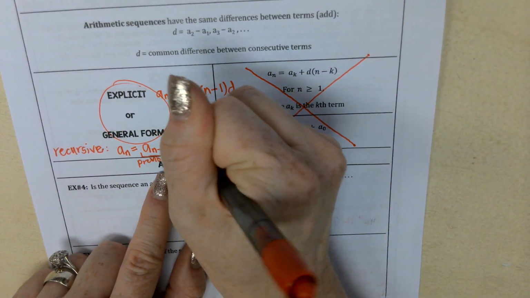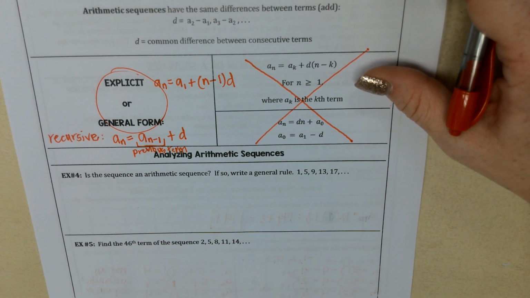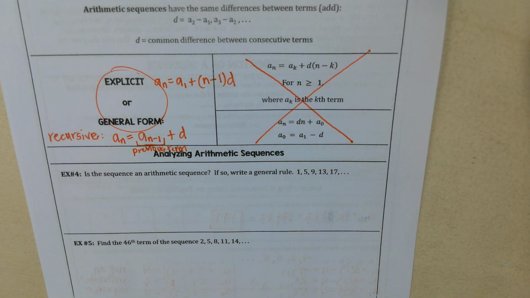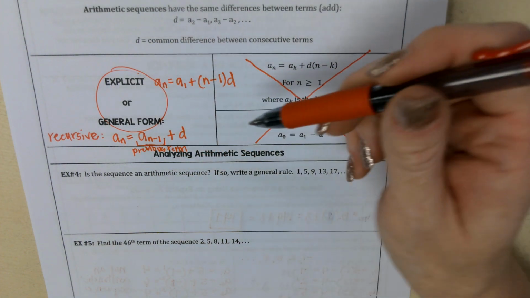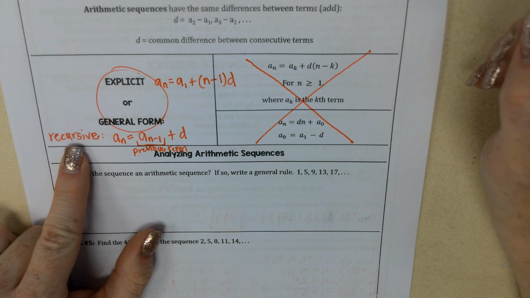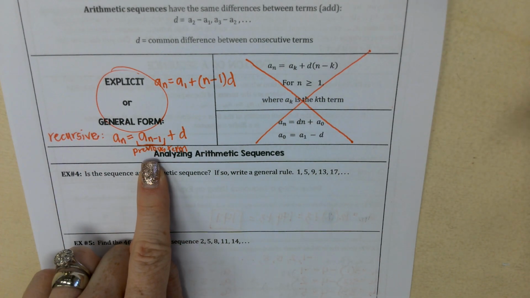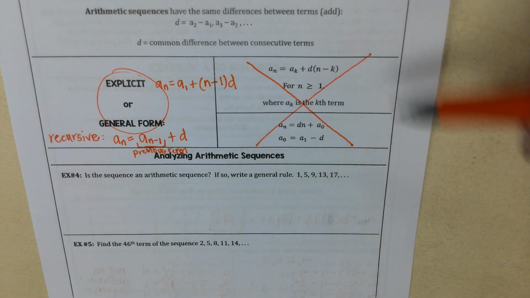And you are going to add the common difference to it. Explicit or general form just means find the direct formula that gets me what term I want, and the recursive formula uses the previous term. Okay? Forget all this other mess over here.